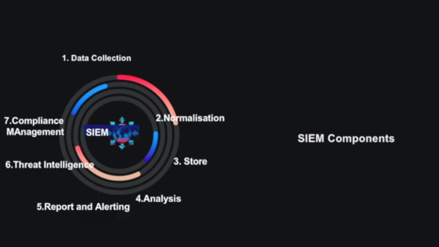This involves converting data from different sources into a standardized format that can be easily analyzed by the SIEM system. Data normalization ensures that data is consistent and can be compared across different devices and appliances. We'll talk about this in detail. This is very crucial, to have data normalized.